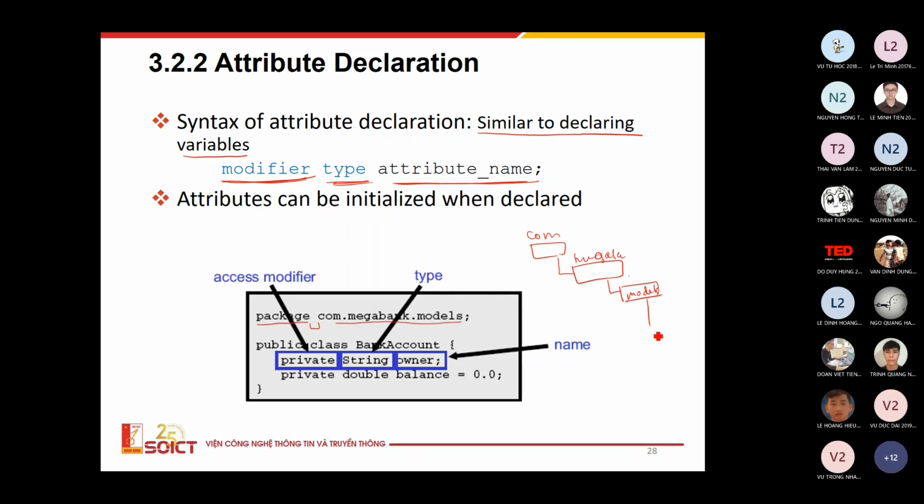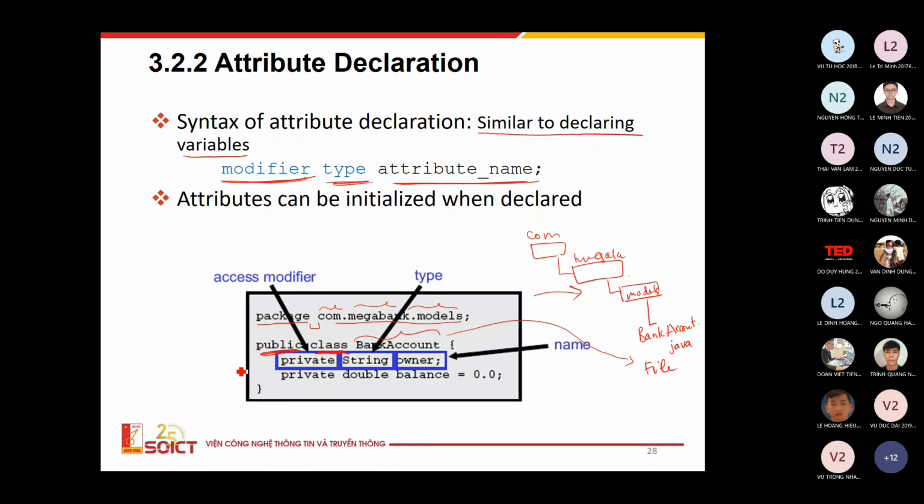And inside this folder, you have the BankAccount.java file. From this package name, you know about the structure of this folder. This is one class, public class BankAccount, so you know that this will be in the file BankAccount.java.